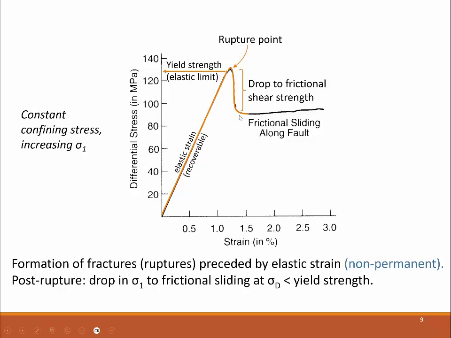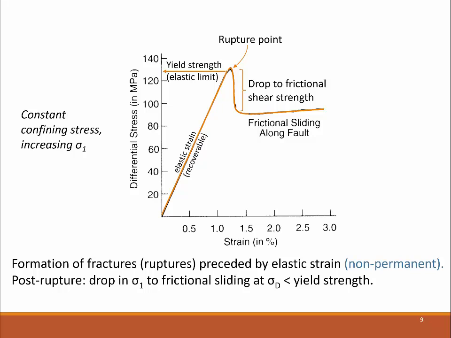And this is a very sudden process that takes place. As soon as the fracture is formed, it requires a much lower differential stress to displace the rock fragments along the existing fracture, because all that needs to be done is to overcome the sliding friction along these surfaces.